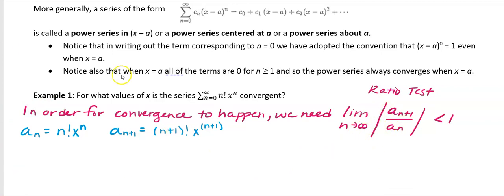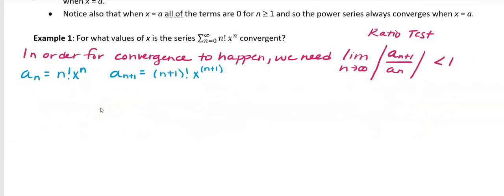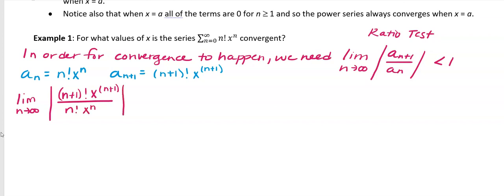So we're going to go ahead and write our limit as n approaches infinity of the absolute value, and then remember it's the a sub n plus 1 on top, so that's going to be n plus 1 factorial times x to the n plus 1 as our exponent, over n factorial times x to the n.